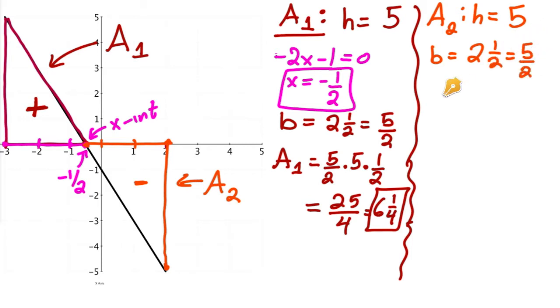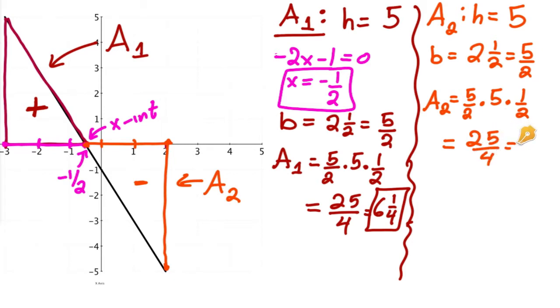So 5 halves again. So the area of the second triangle is going to be the base, which is 5 halves, times the height, which is 5, times 1/2. So this is also 25 fourths, or 6 1/4. Aha, but remember, this one we said is going to be negative area.